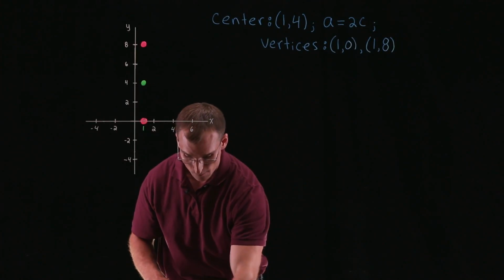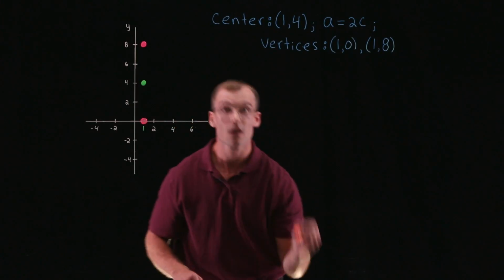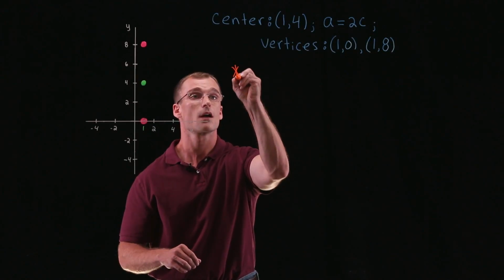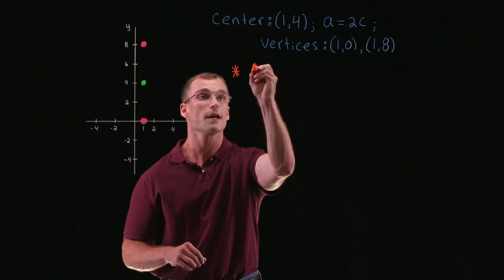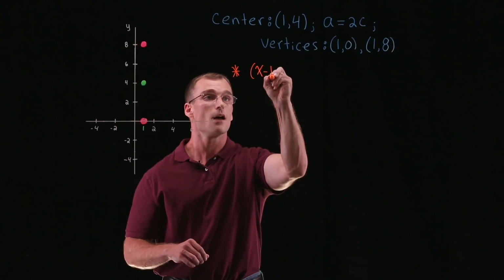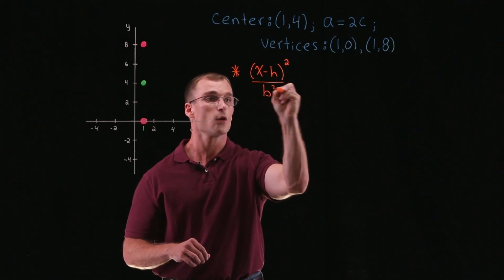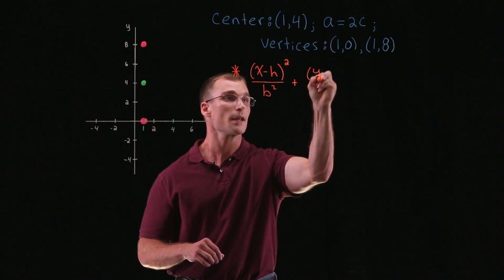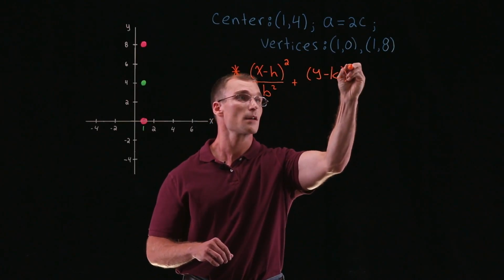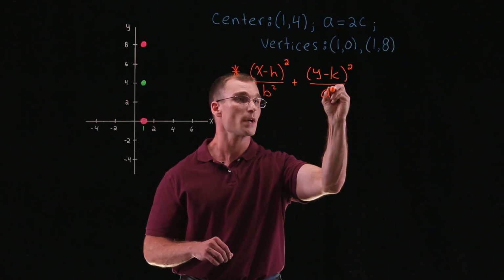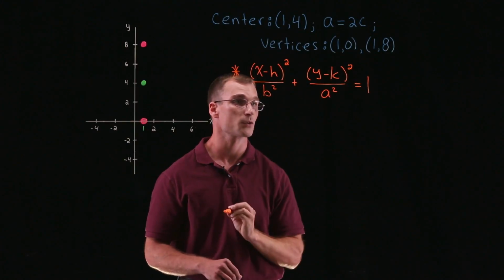So that tells us the form of our ellipse is going to look like (x minus h) squared over b squared plus (y minus k) squared over a squared, and that's equal to 1.